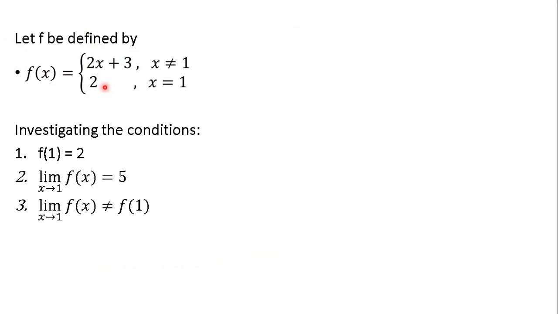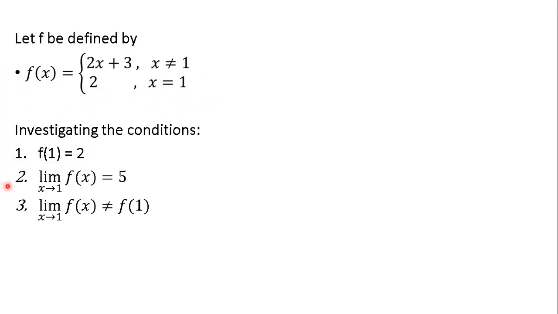Investigating the conditions, let's start with the first condition. f of 1 exists, which is equal to 2, as stated in the piecewise function. Therefore, if we substitute our value of x, that is f of 1, it is equal to 2.